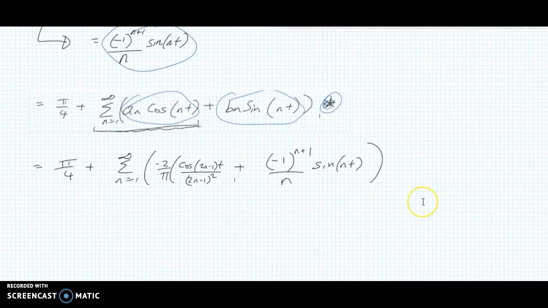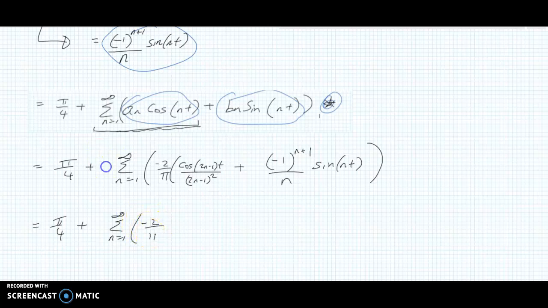To make that look exactly like what was suggested in the question, with pi over 4 plus, we can apply the sum from n equals 1 to infinity of cos (2n minus 1)t over (2n minus 1) squared.